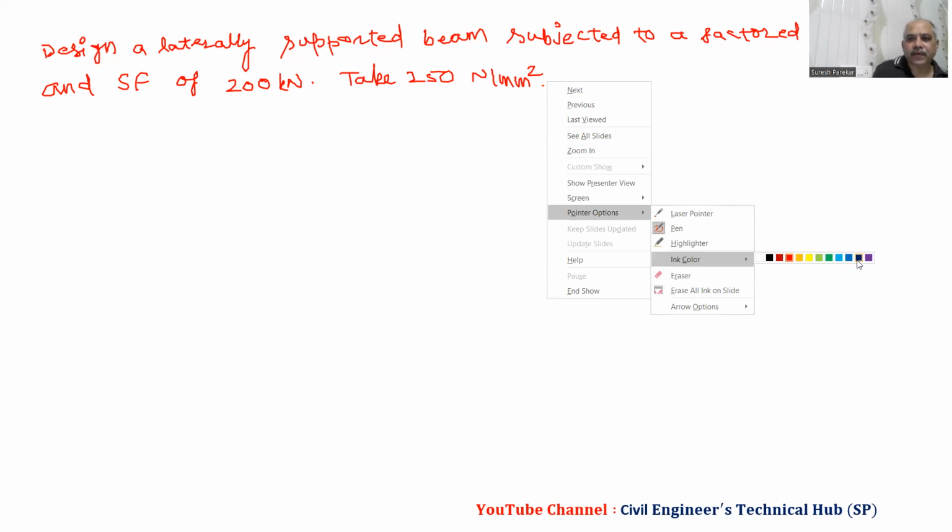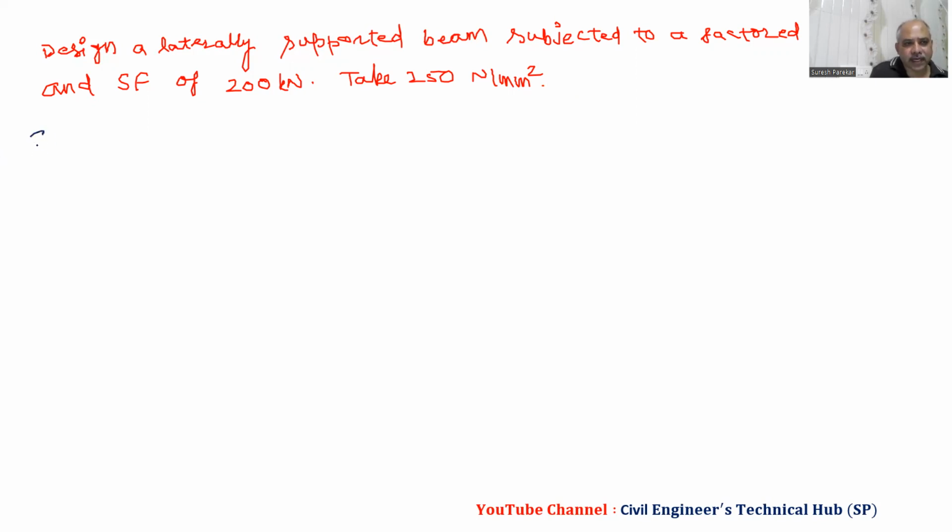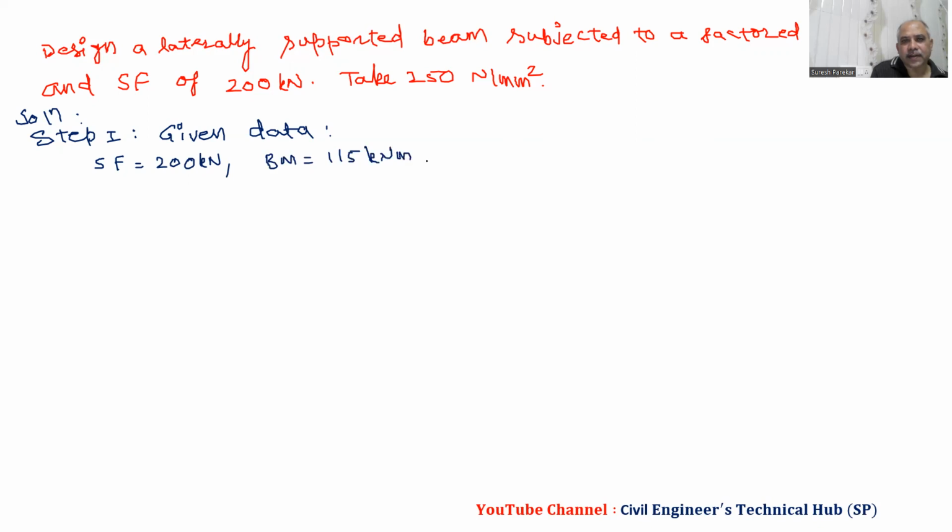So we have step 1, given data. So this is the solution. In the given data, we have shear force equal to 200 kilonewton, bending moment equal to 115 kilonewton meter, then Fy 250 Newton per mm square.